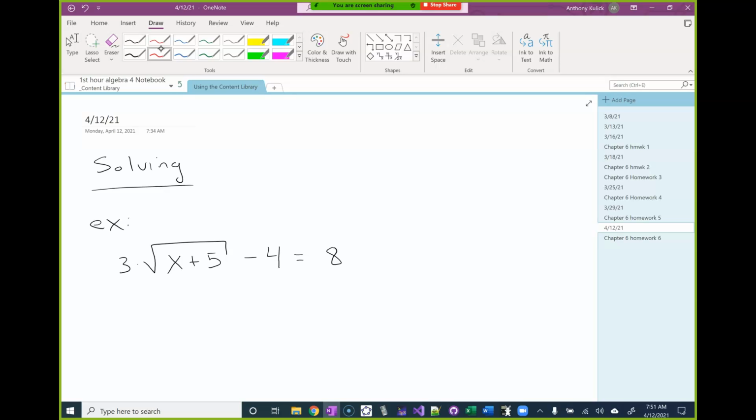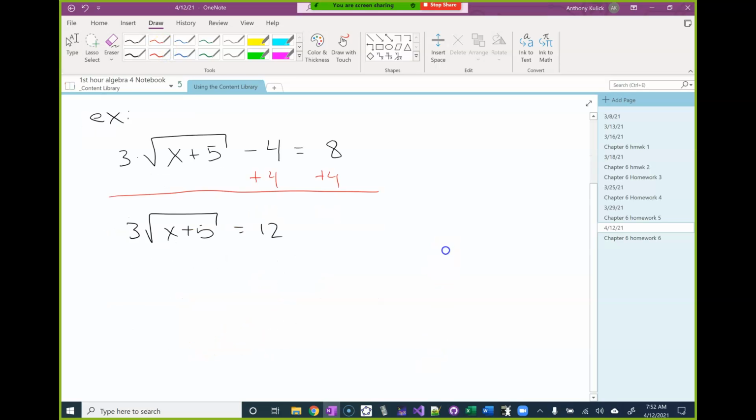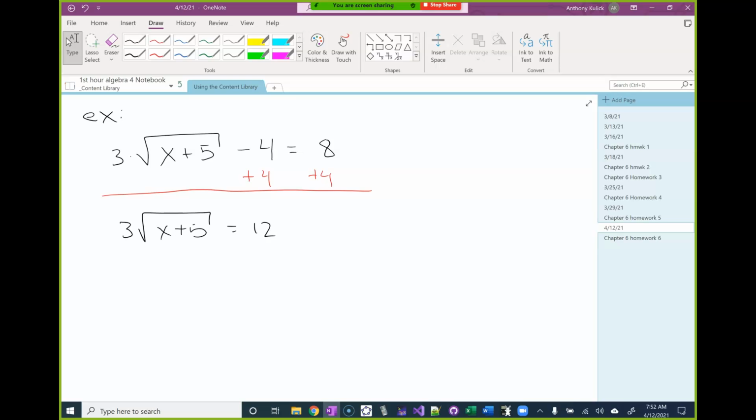So the first thing I'd want to do is add 4 to both sides. Again, I'm just trying to get the radical part all by itself. So adding 4 to both sides is going to get rid of the subtracting 4. The next thing I'm going to want to do is divide both sides by 3 to cancel out the times 3.